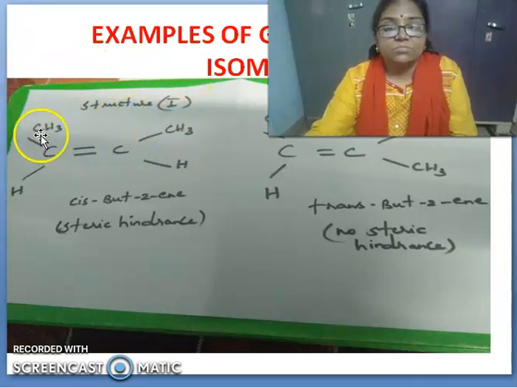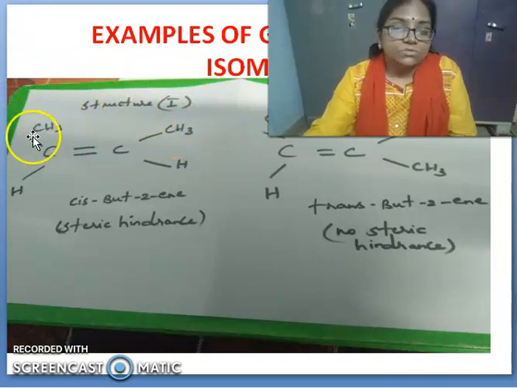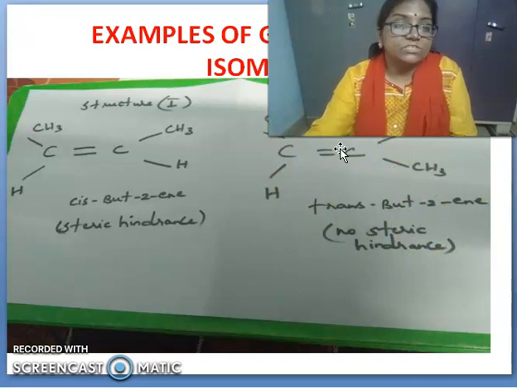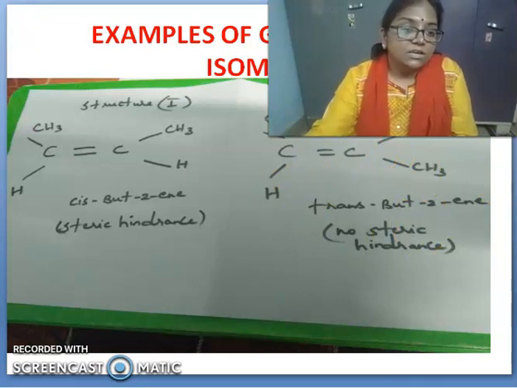There may be some intramolecular reaction occurring here. The cis isomers are highly reactive, whereas trans isomers are not highly reactive. They are found to be highly stable. Stability wise, trans isomers are highly stable.